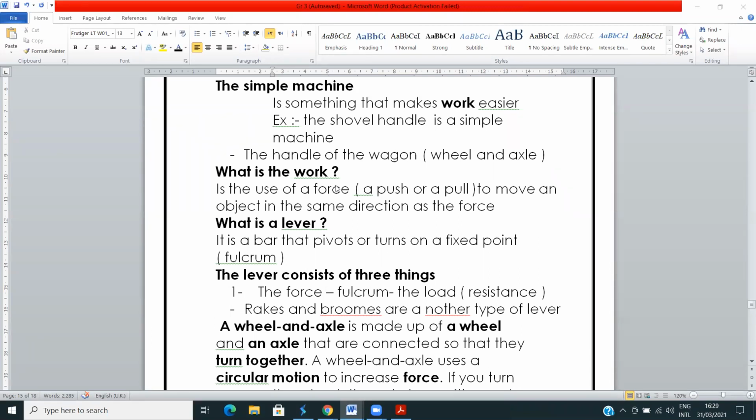Yes, I understand. So, what is a simple machine? Simple machine is something that makes work easier. Example, the shovel handle is a simple machine. The handle of the wagon, wheel and axle. Yes.